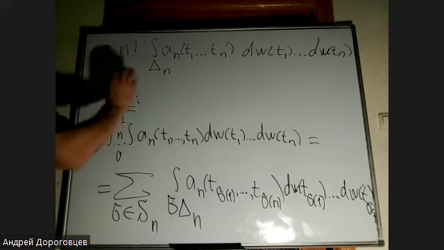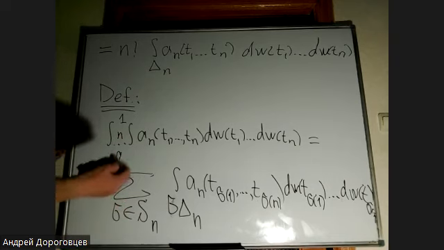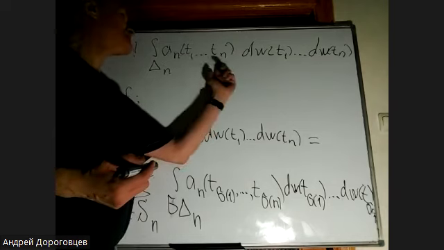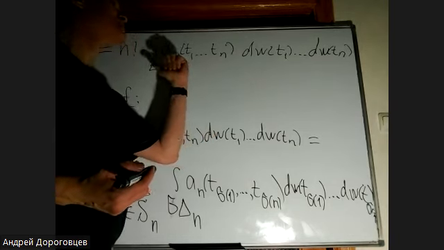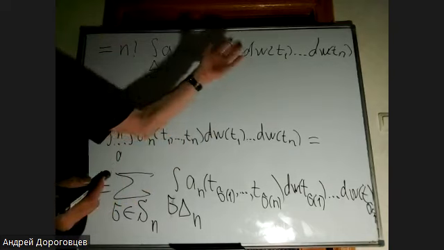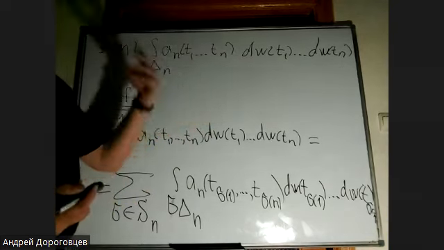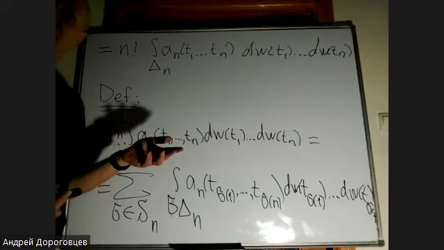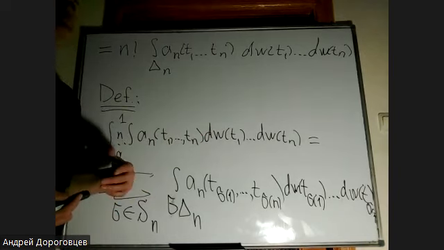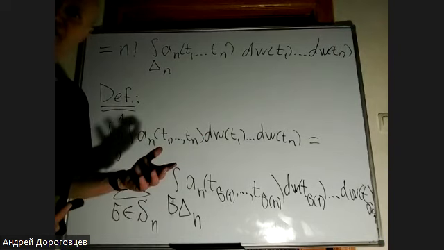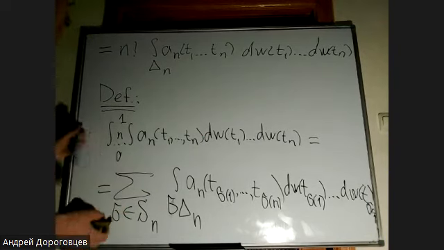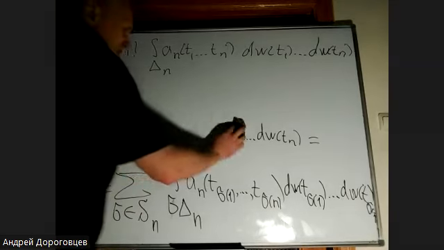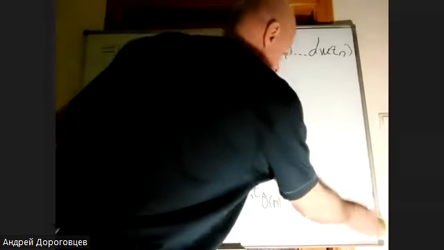Since we have the following definition, it will be good to calculate some moments of this integral, and it can be easily done because we remember that this is the simplex Delta_n. So we have here exactly the Ito case, and we know what is the expectation of the Ito integral, and we know what is the expectation of the square of the Ito integral. So we know everything. So let me do such calculations. It is simple now.